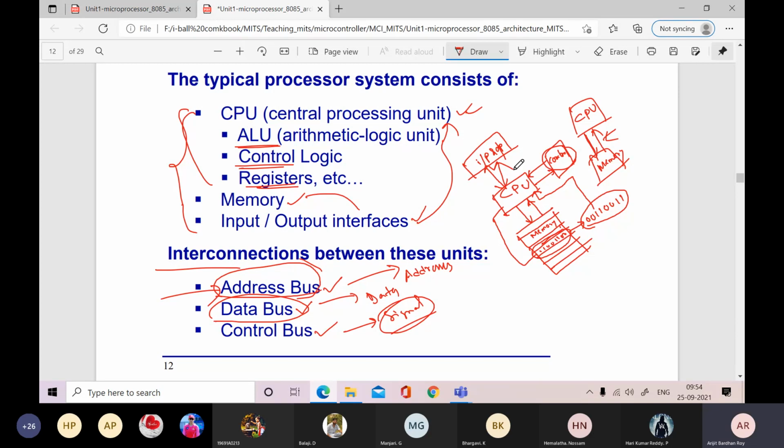This is the uniqueness of this thing. When you copy paste any data, or when you send some data to your pen drive, so many things happen inside this microprocessor system, inside your laptop, but it happens so fast. We are not able to imagine how fast it is happening.